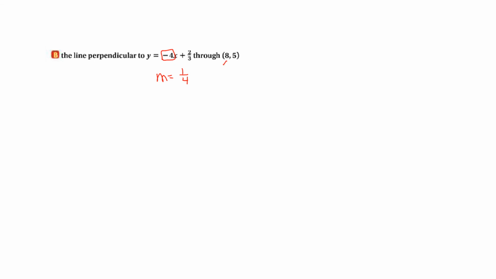And then I have my point (8, 5), so that's going to be my x sub 1, y sub 1. So just like before, I'm going to put it in point slope form first because that's the information that I know, a point and a slope. So I have y minus 5 equals my slope of 1/4 times (x minus 8).